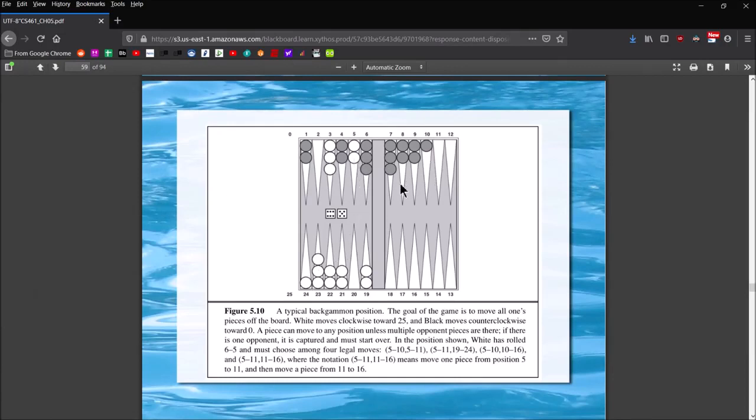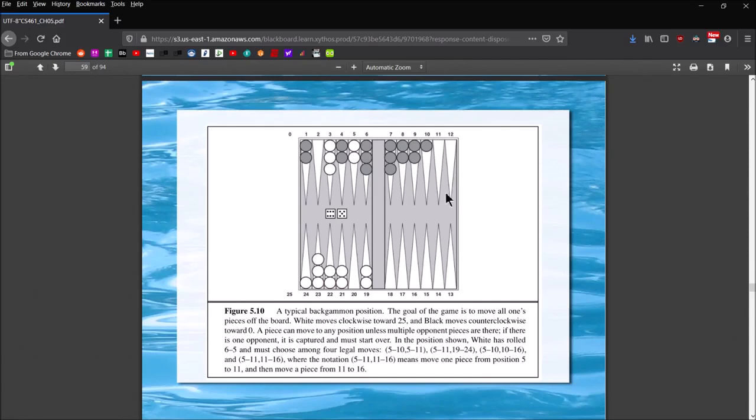I could move one from 10 to 16, fine. Let's see here, what else could I do? And I could move from 5 to 11, then I could move that piece from 11 to 16. So in those last 2 cases, what I'm doing is I'm moving the same chip twice, right?